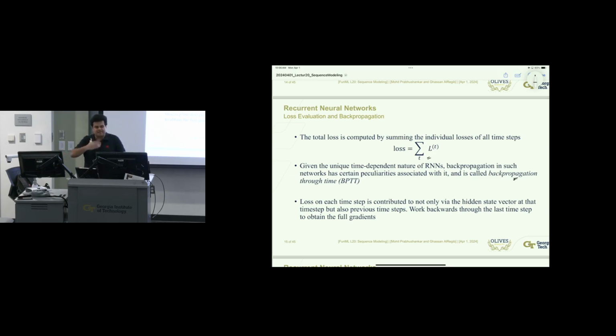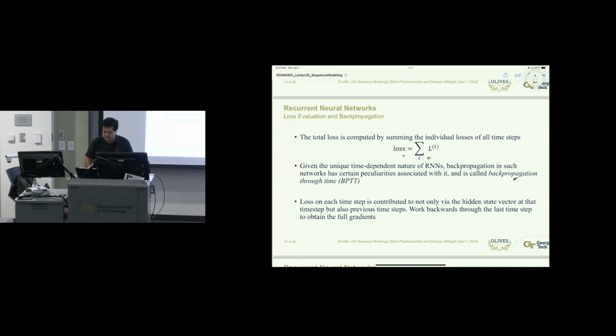If I'm assuming that this is some kind of a character generation process, I'm looking at certain characters that are going to be coming in a sequence. So I'm getting T first, and then H, and then E, and so on. So I'll be looking at the loss of all the possible characters before I can decide what the loss is going to be. And the simplest way we can do it is just by adding it up. We can add all the losses across different branches, and that will be our total loss.